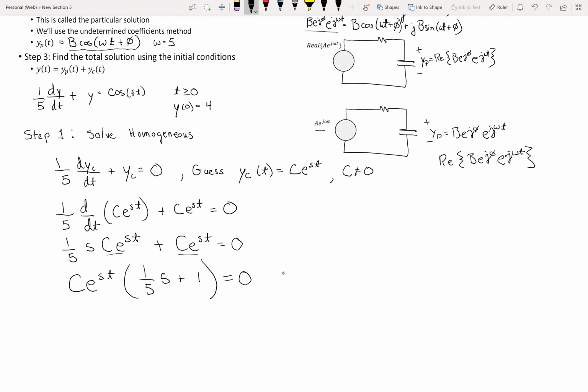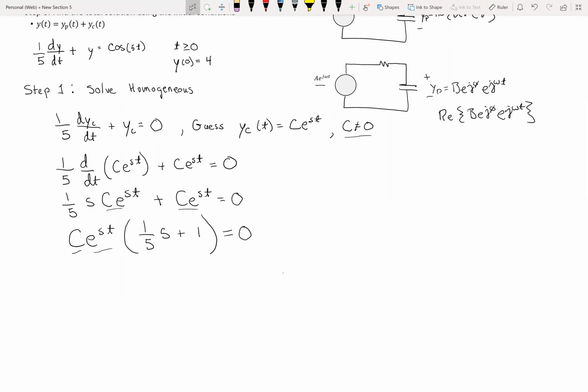So 3 terms multiplying each other to equal 0. c is never 0 because we said we didn't allow that as a choice. e to the st, an exponential, is never equal to 0. So the only thing in this expression that can force it to equal 0 is this term here, 1/5 s plus 1. So I know that 1/5 s plus 1 equals 0, or s equals -5.